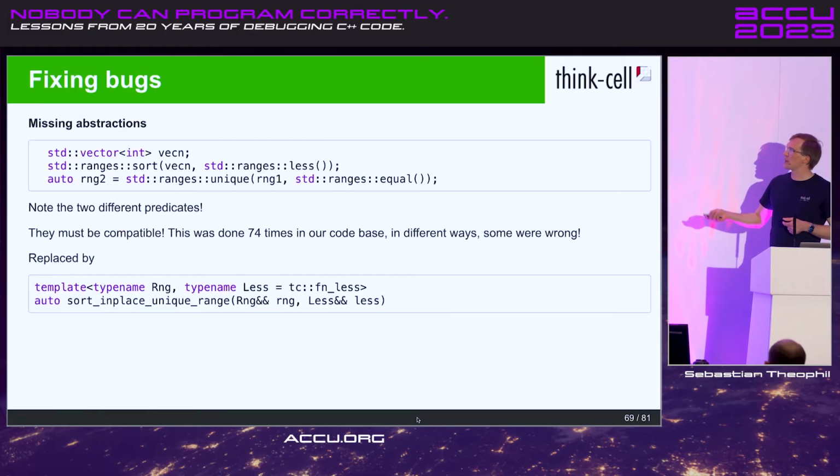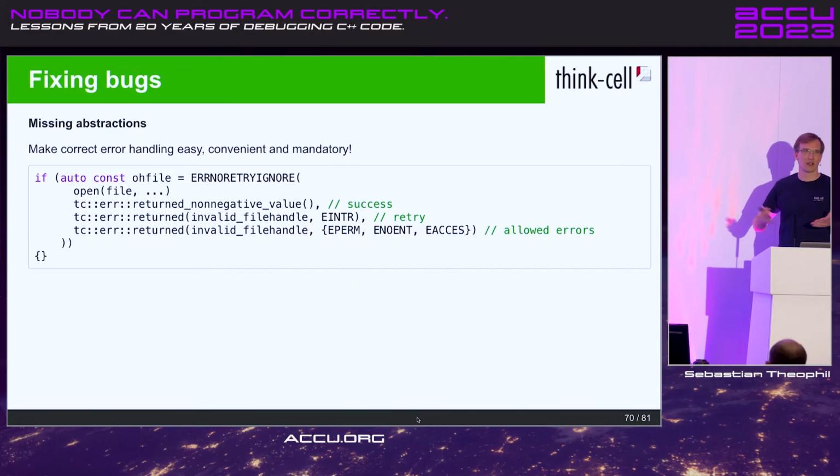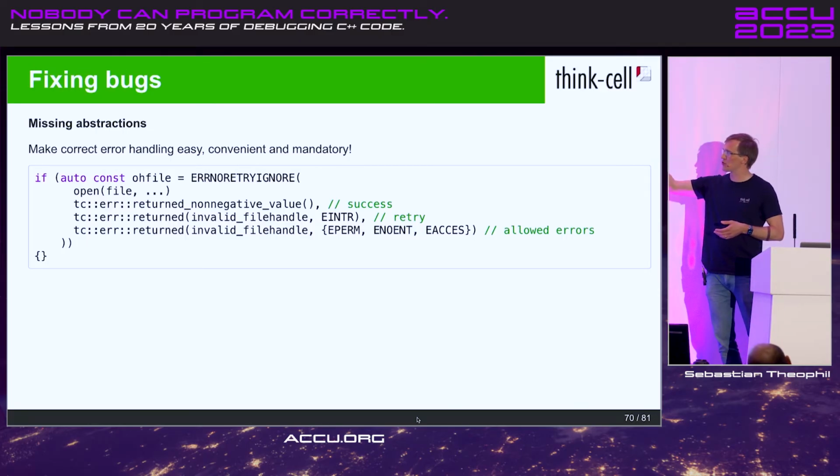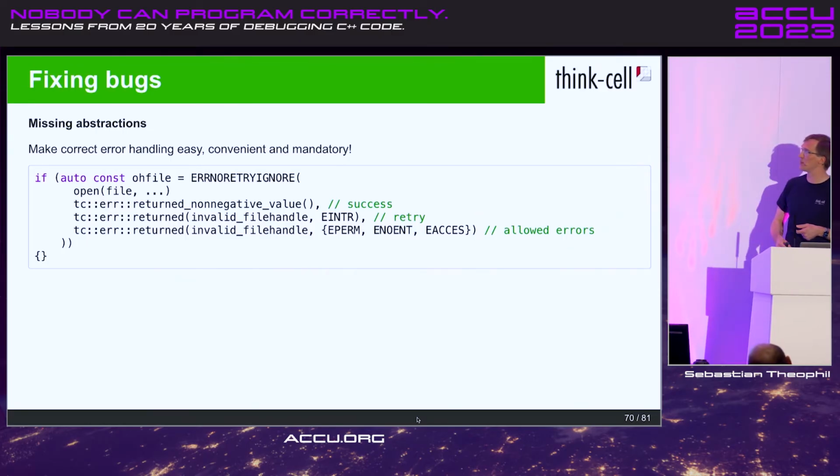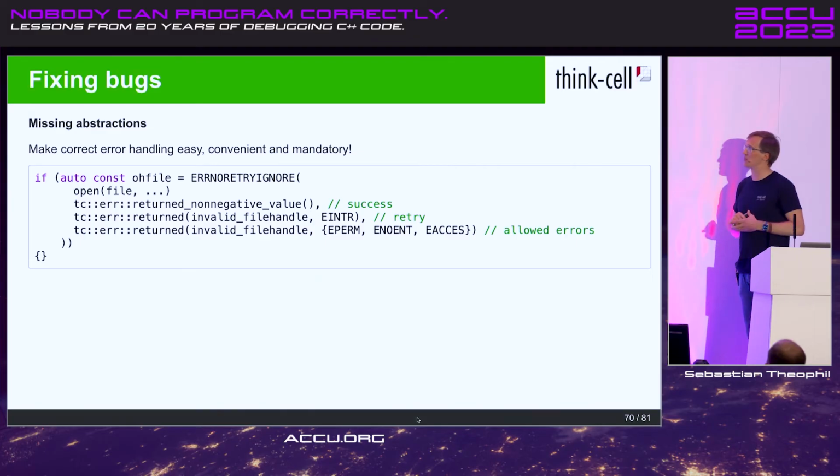But it can mean different things as well. Error handling is super difficult. Error handling is something I said initially we always do. And it's a pain. Here is how it looks when you try to open a file on any POSIX system. So what's the success case? Any non-negative returned value. That is different for other POSIX functions.